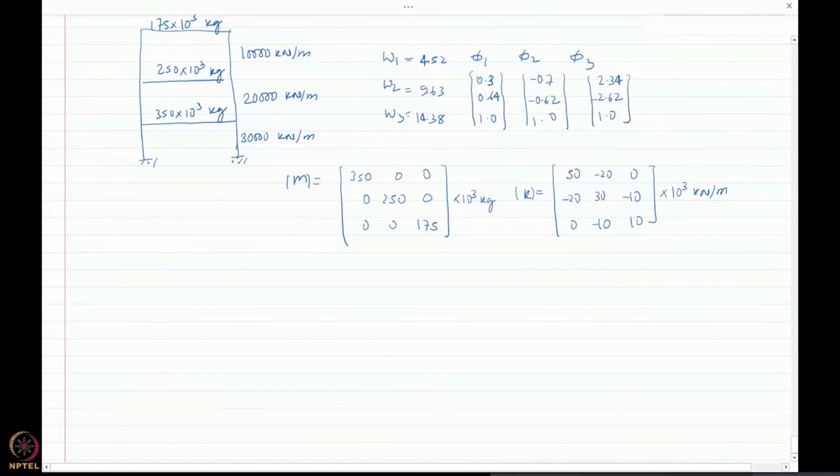Once you get the mode frequencies and the mode shapes, remember you have got your single degree of freedom system. The next step is how to relate the response of a single degree of freedom system to the multi-degree of freedom system.